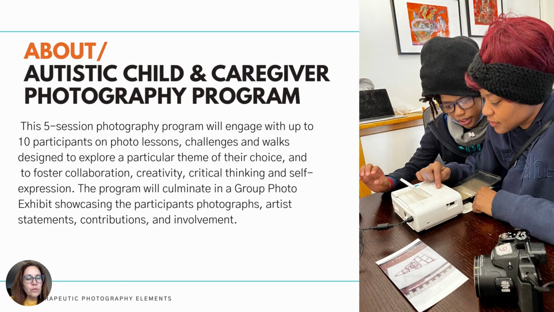I was contracted by Autism Ontario to design this program, and I thought it would be a perfect opportunity to begin to incorporate some of the therapeutic photography techniques and methods that I use, especially around the use of certain prompts to get the participants to begin to maybe build some self-esteem, some self-efficacy, some agency in their voice in and around the way that they discuss the photos that they took throughout the program.